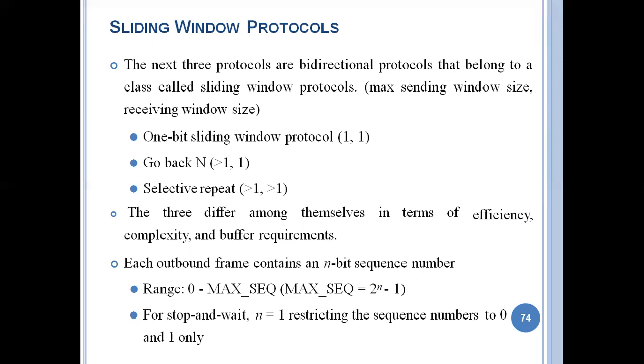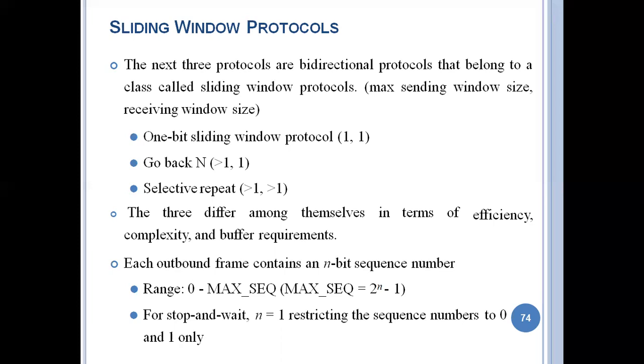The unidirectional or half duplex ones are the simplex protocol and stop and wait protocol, discussed in the previous video. The bidirectional protocols are called sliding window protocols.